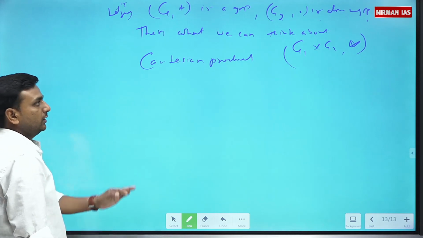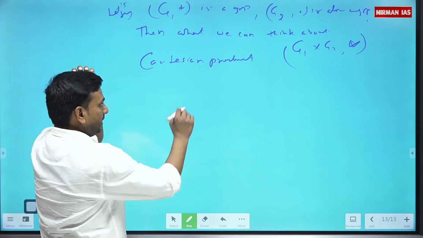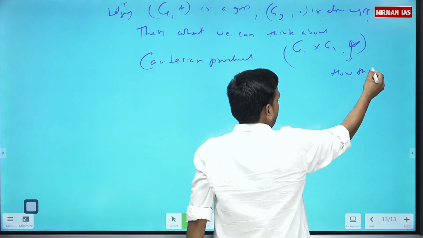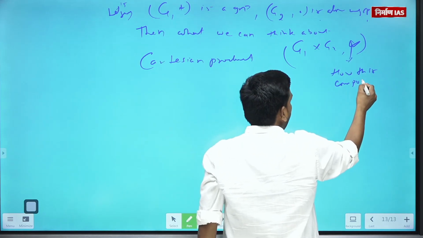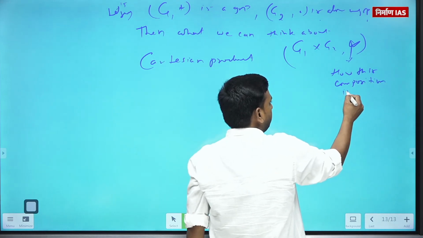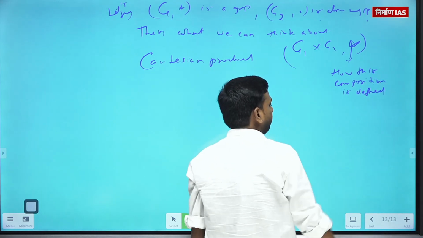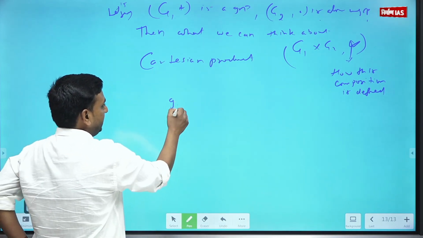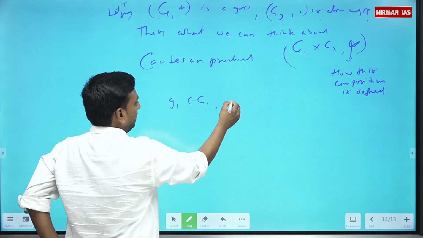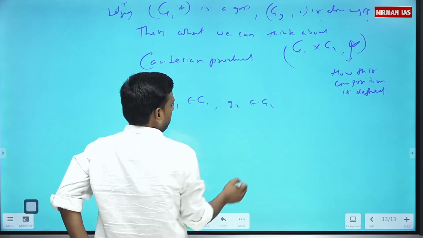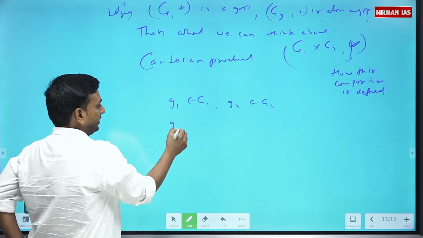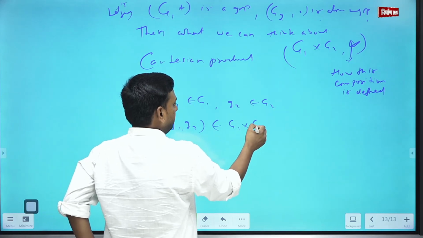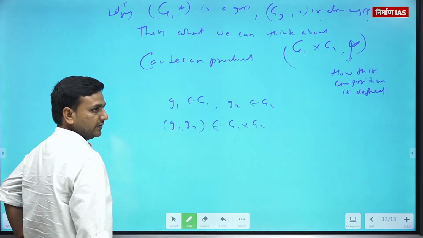Here you need to remember how this composition is defined. Let's say I have some element belonging to G1 and some element belonging to G2. So A cross B I will represent like this, as a two-tuple. This will be some element of G1 cross G2.